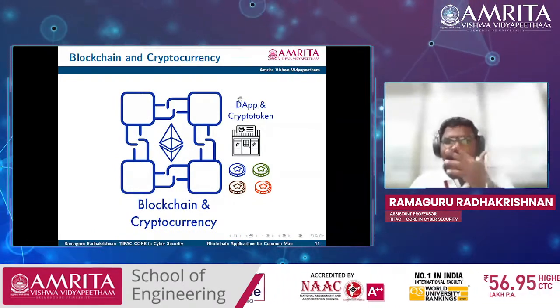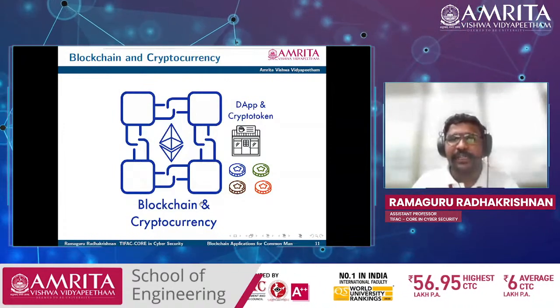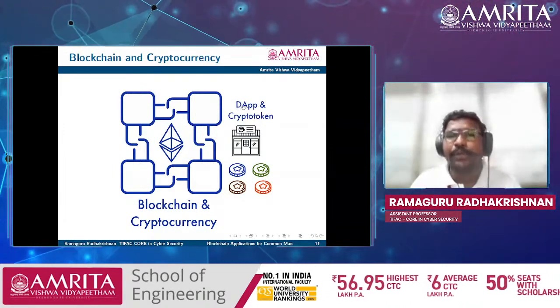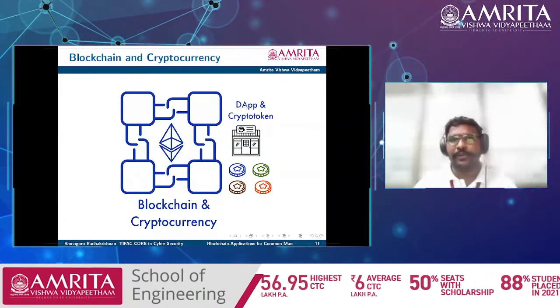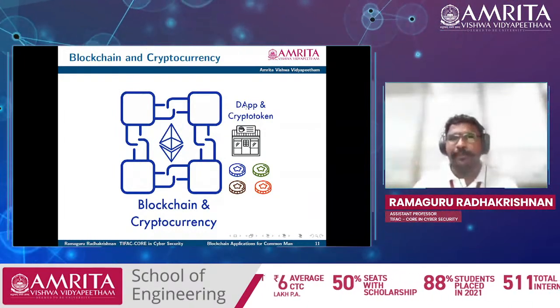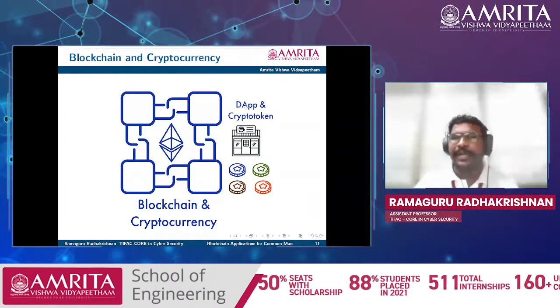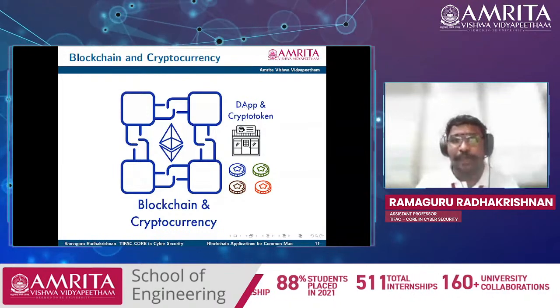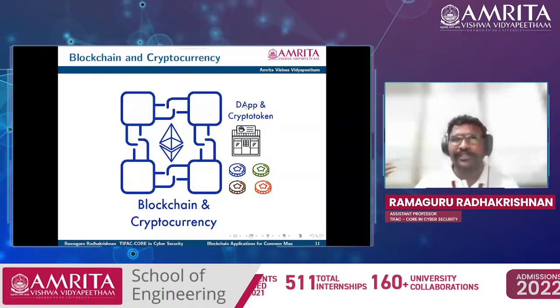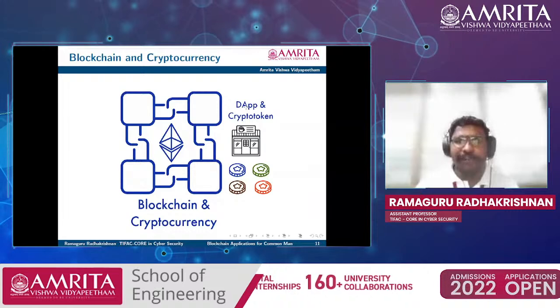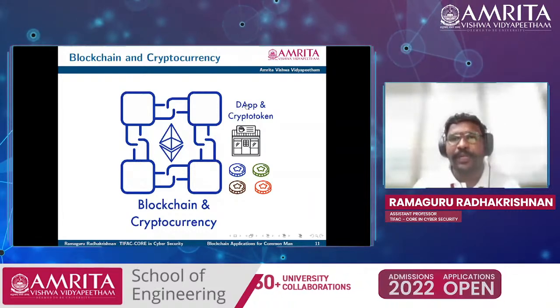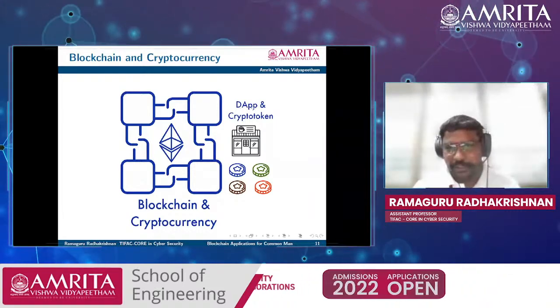Any application that you create on a blockchain, we call a distributed application. Just like how we call an application running on the web a web app and an application running on a mobile a mobile app, the application running on this distributed web is called a distributed application. So, dApp.